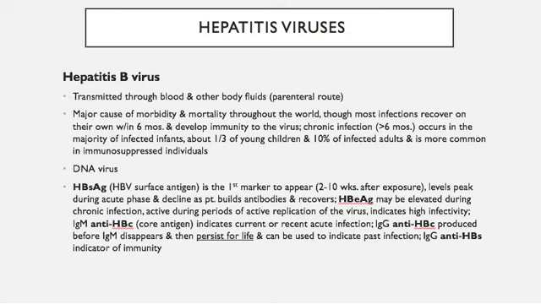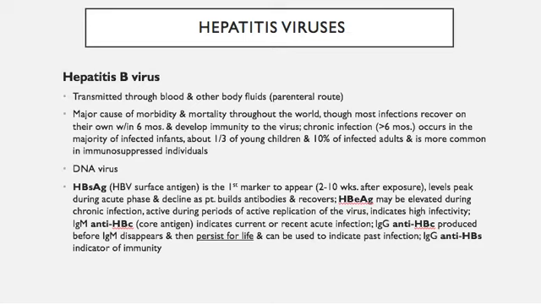The HBe antigen may be elevated during a chronic infection, during periods of active replication of the virus, and that one indicates high infectivity. So if the patient is positive for the HBe antigen at that time, then the infection could be more easily spread to someone else.